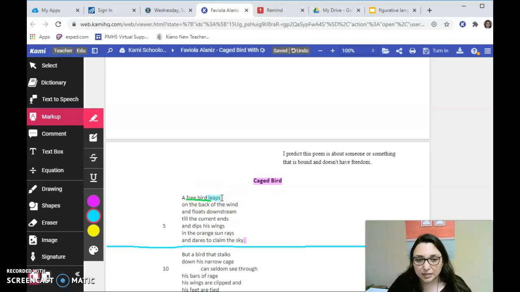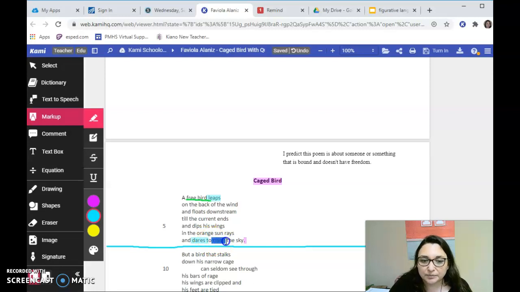You can see it leaping in the wind. Floats, it's a little gentle. Dips his wings is a little gentle. But I like this word, dares. That's such a powerful word. When someone dares to do something, they're courageous and they just go for it, right?